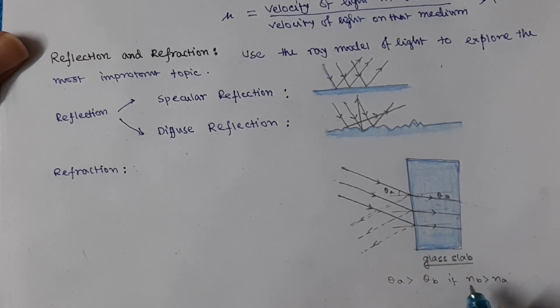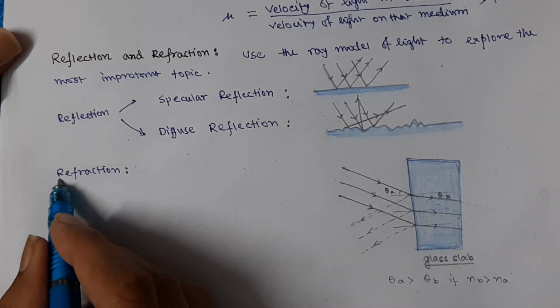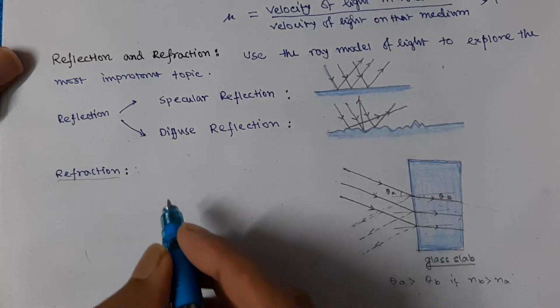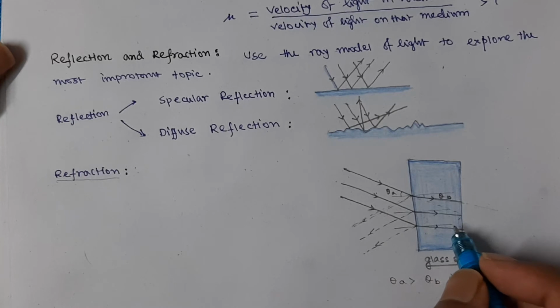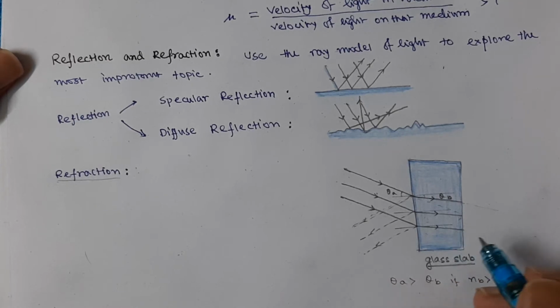So to keep the same phase, refraction occurs. If the same phase was not maintained, then we would not notice the same light. We could see any other color of light which is not actually striking the slab.